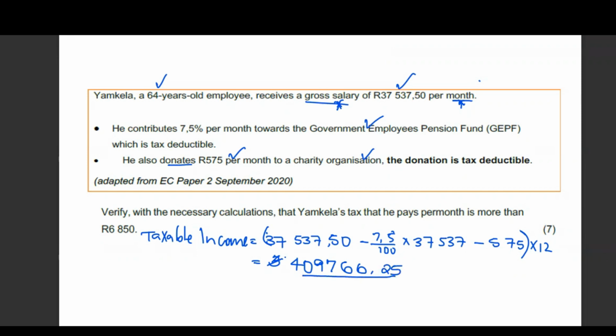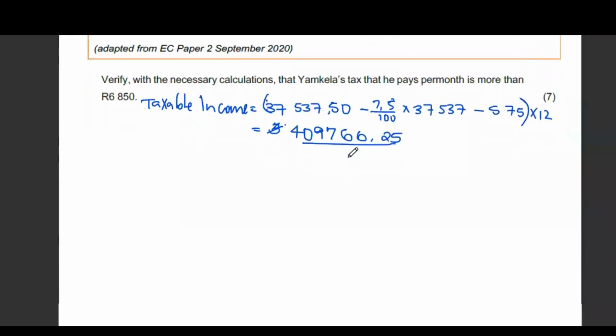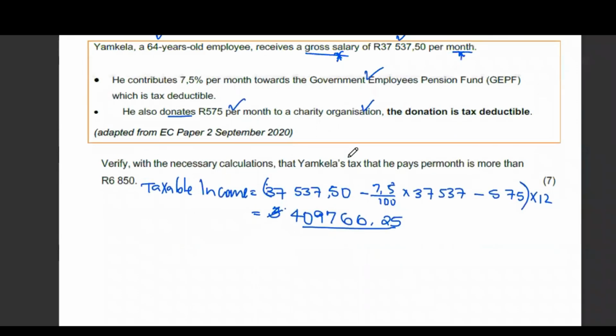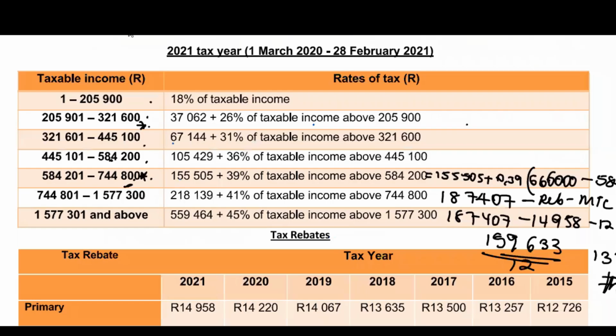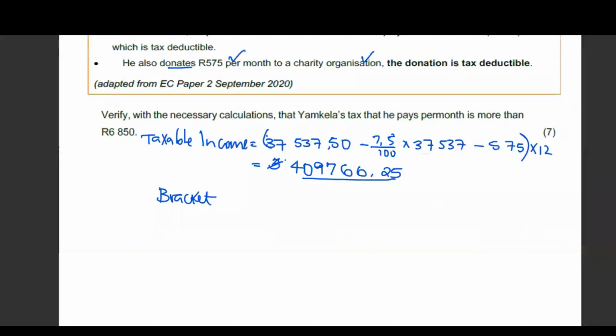Second step, we determine the bracket. Which bracket does it belong to? We say the person is in bracket number 3.